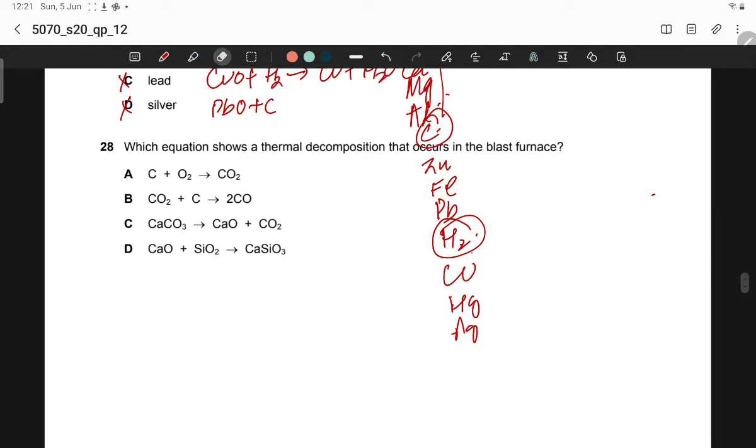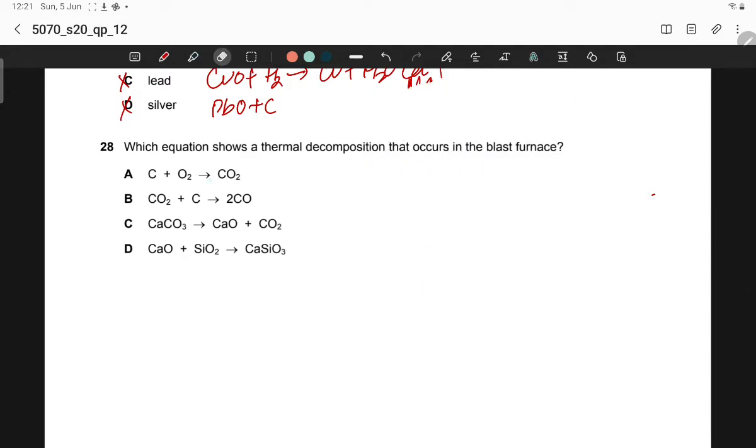Which equation shows a thermal decomposition that occurs in the blast furnace? Thermal decomposition. Carbon plus, this is a redox reaction. This is also redox because carbon is oxidized in this case.